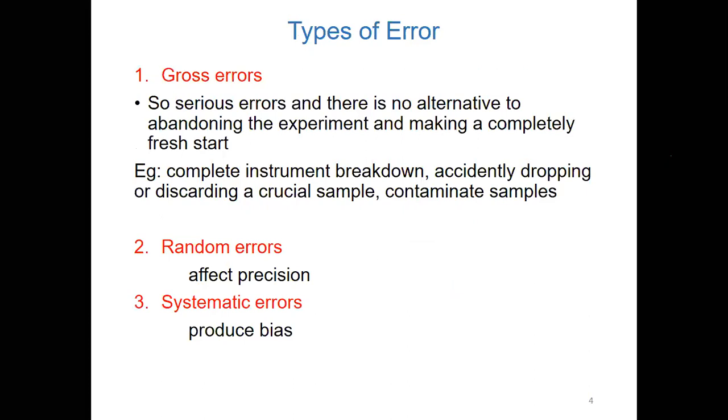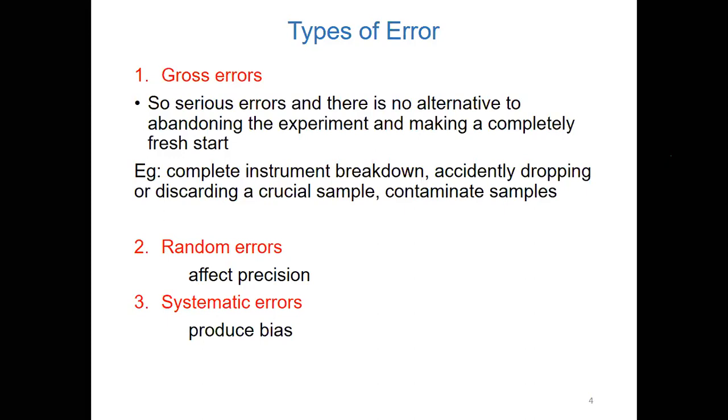Okay, before we move forward, I would like to talk about the types of errors possible when we do the analysis or any type of analytical process. There are mainly three types of errors: gross errors, and random as well as systematic errors.